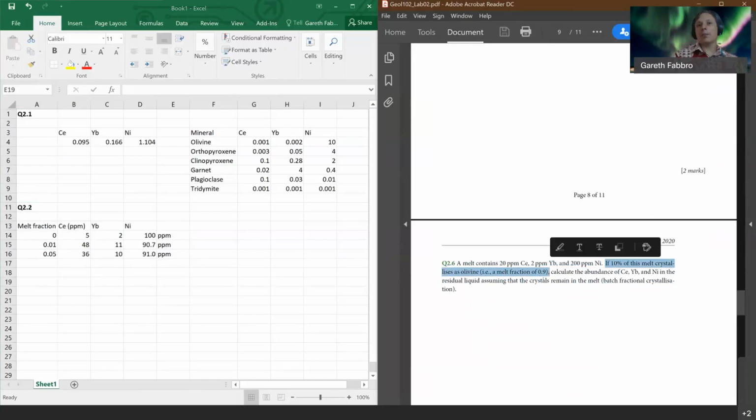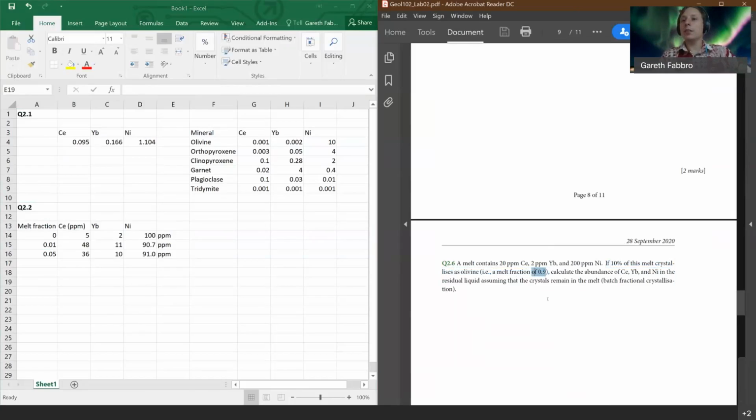Please remember the melt fraction is the fraction of melt. Although this time you're going backwards, you're going from 100% melt, or a melt fraction of 1, to a 90% melt, to a melt fraction of 0.9. F is still the amount of melt, not this 10% crystal, so it's 0.9.